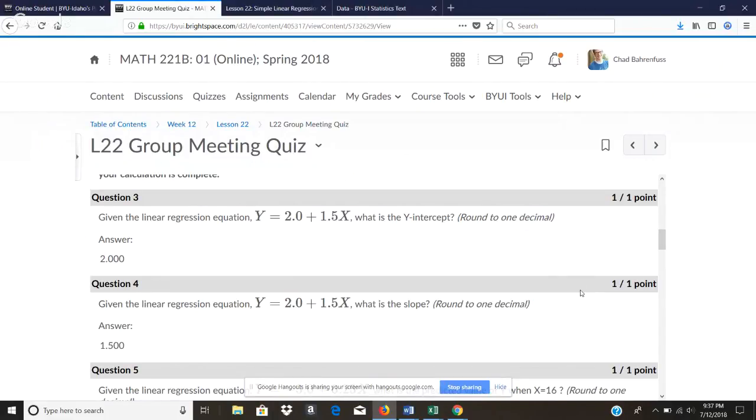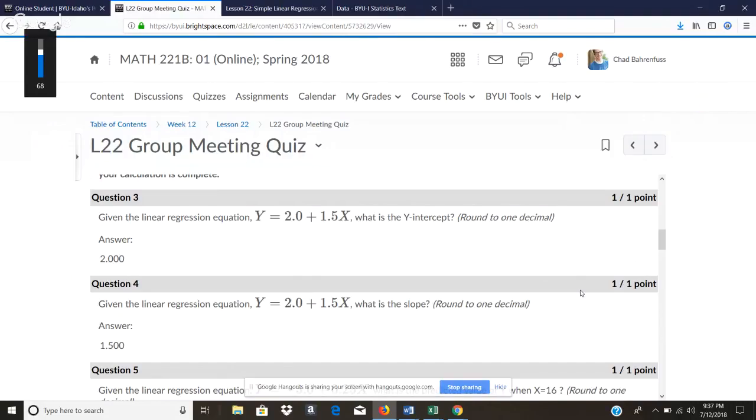It's almost like algebra, and the book uses it differently. It's y hat equals that. So 2.0 would always be the y-intercept, and 1.5 would always be the slope. Does that make sense?